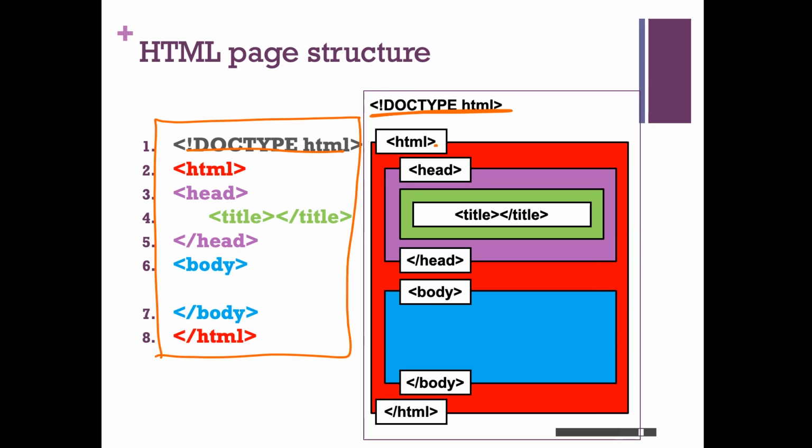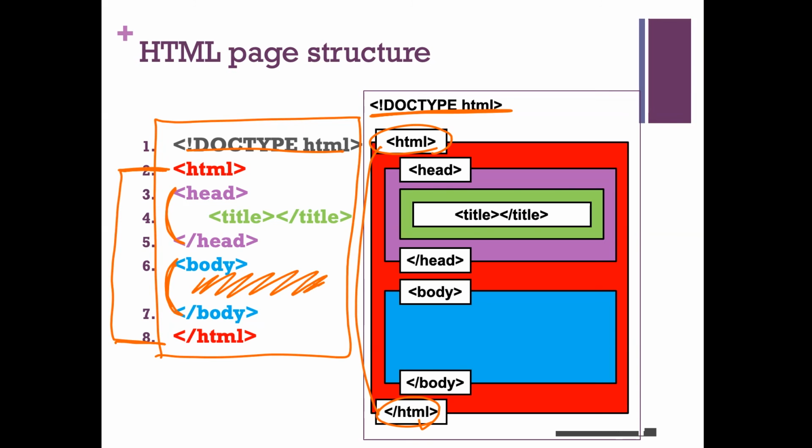Now, look at this opening HTML and closing HTML tag here, which is represented by this red box. So opening here, closing here. Nothing should be outside of this HTML set, okay? And then inside there are two sections, head and body. And this body section over here is our canvas. This is for our visual elements.